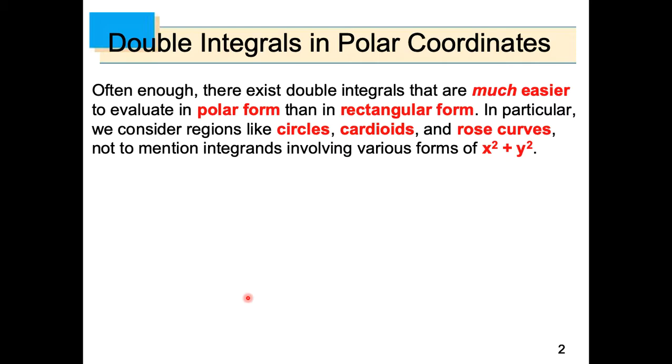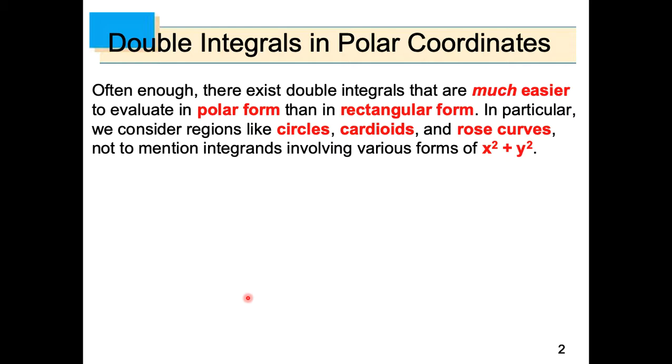Now, often enough, there are many times where you can actually integrate using rectangular form, but polar seems to be superior in some areas. There are times, though, where polar is much more complicated and rectangular is easier, but it really just depends on the situation.